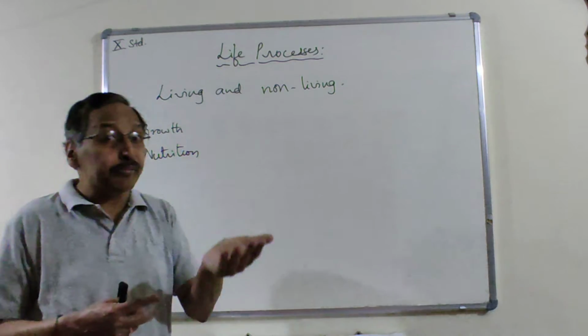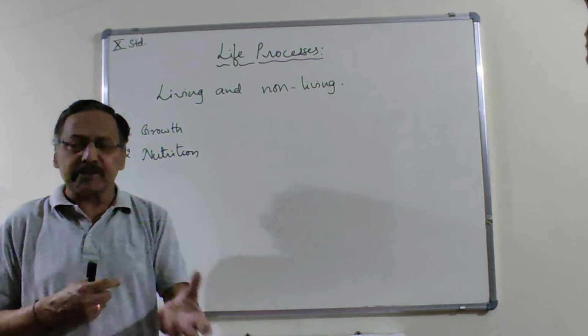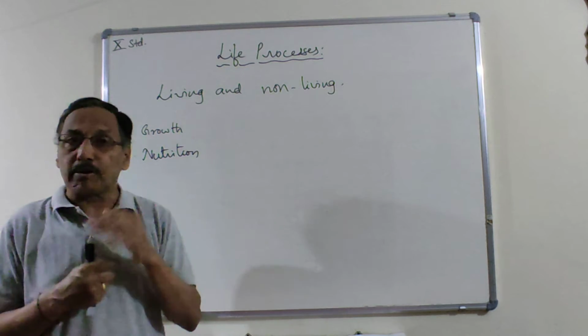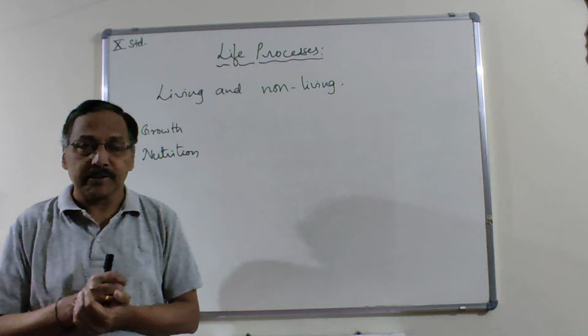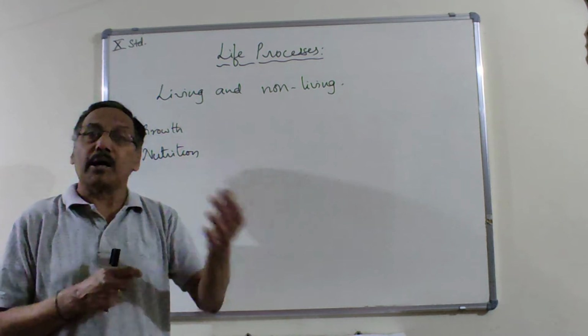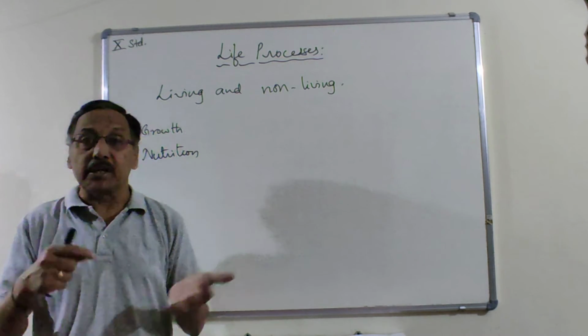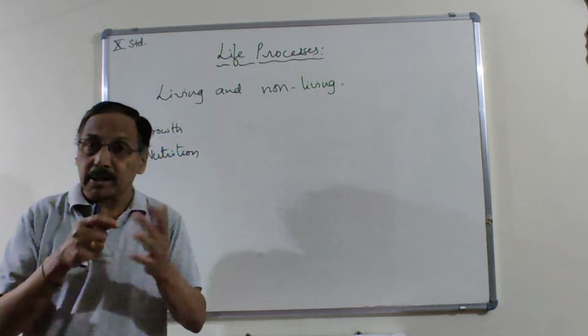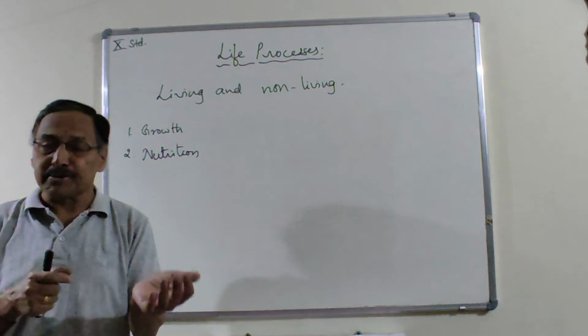What does it get from the food? It gets the nutrients. Different organisms are there. We have unicellular organisms like amoeba, yeast. We have multicellular organisms, maybe a roundworm, maybe a butterfly, maybe a cockroach, maybe a snail, maybe a starfish, maybe a rat, a cat, or a fish, or a frog.